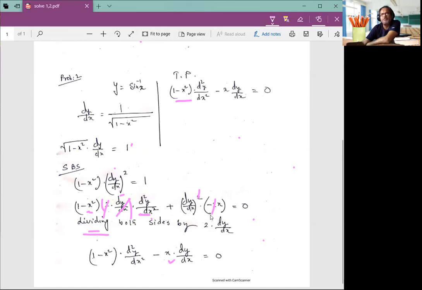So you will remain with minus of x into dy dx, x dy dx. Now when you are dividing this 0 by 2 into dy dx, because you are dividing both sides, 0 by something is nothing but 0. So the answer is this one.